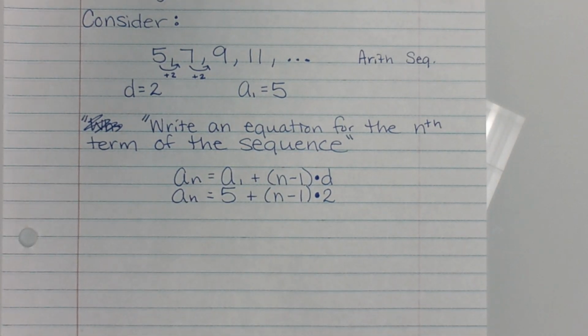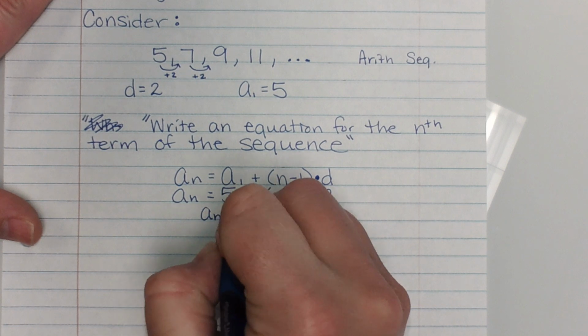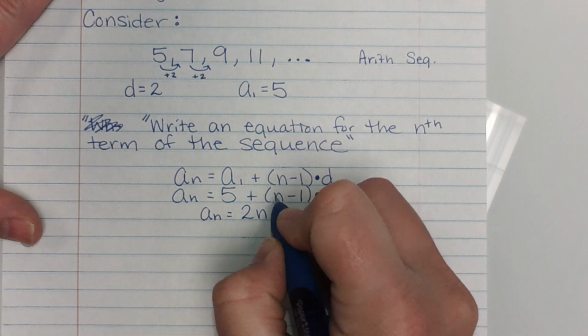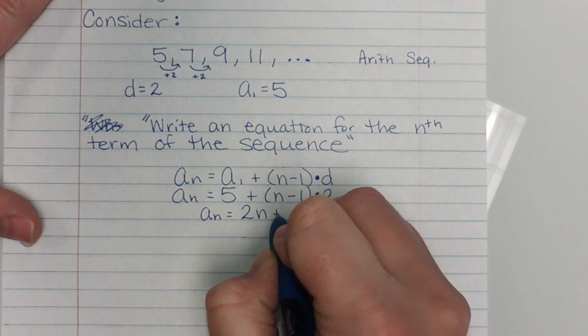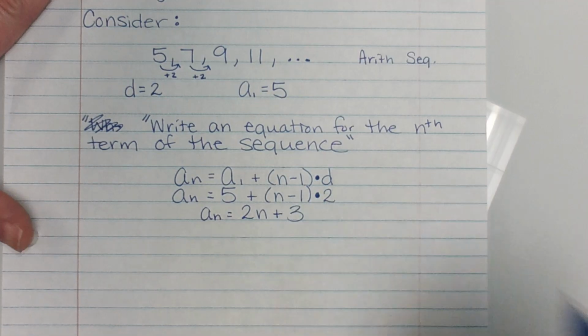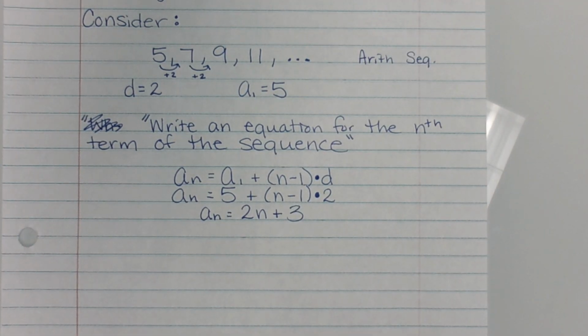But with arithmetic, we should not leave it this way, because generally speaking, if you can simplify things, you should. Distribute and combine like terms. For the sake of time, I'm just going to do that for you. It should turn into a sub n is equal to 2n plus 3. So, this is what we've been doing since 10.2.